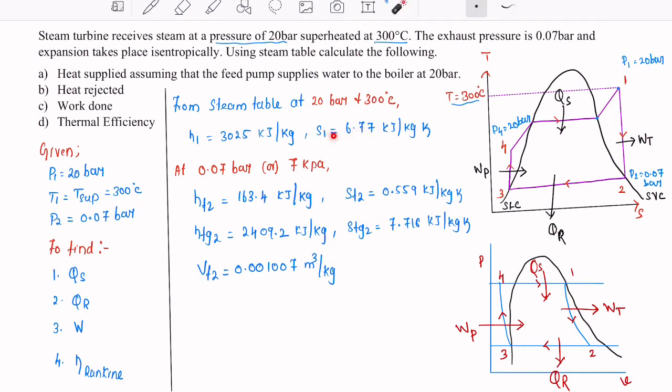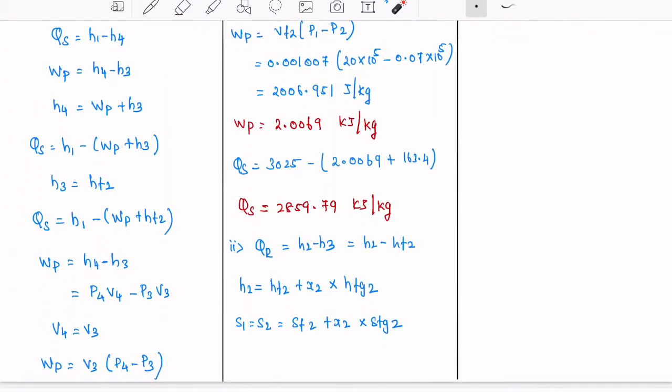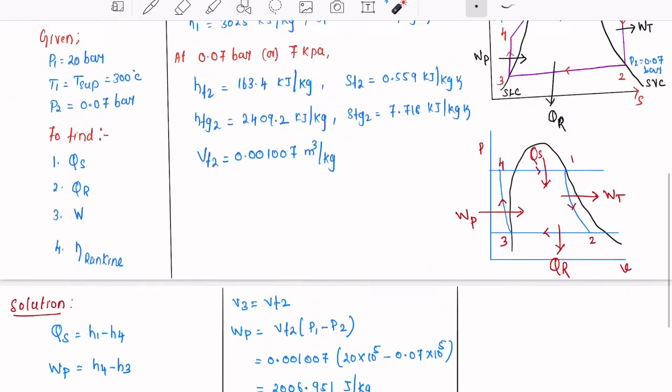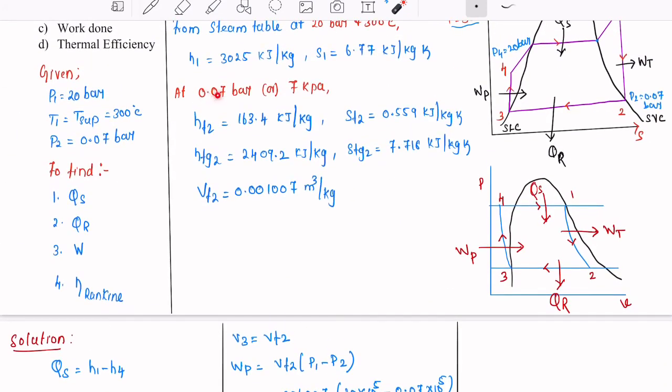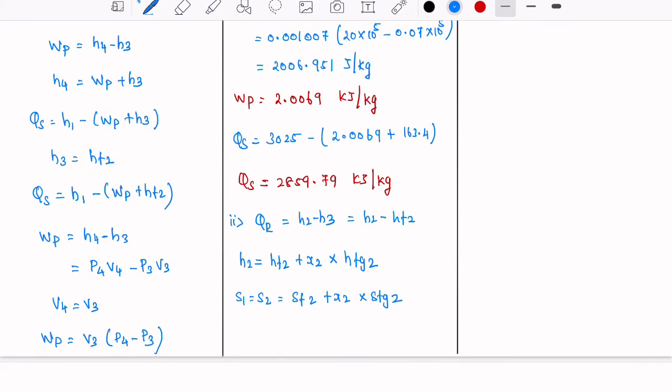We have the SF2 and SFG2 values at 0.074. By substituting all these values, you can find the value of X2.